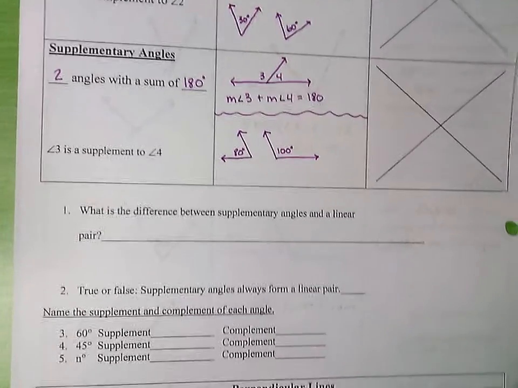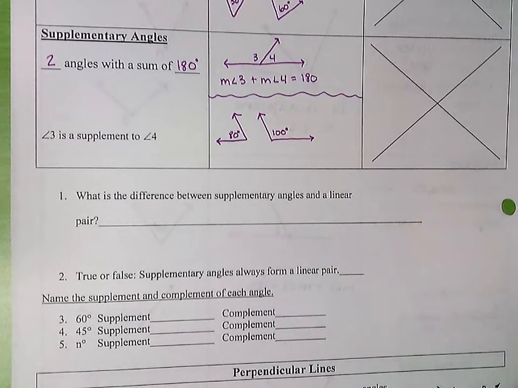Alright, so in this first question here, what is the difference between supplementary angles and a linear pair? I want you to discuss this question in your group. If you need to look back at what a linear pair is, look back on the front. Then look to supplementary angles on the next page, and then talk about what is the difference between the two.